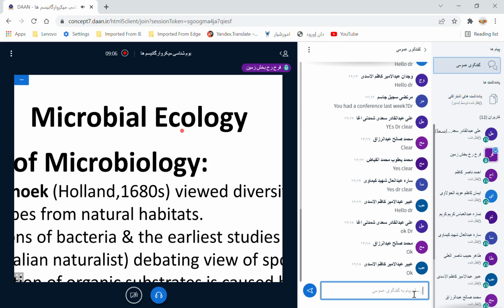And ecology, we want to understand living things, their relationships with each other, and with the environment. Suppose, first, some examples regarding animals, humans, and plants.